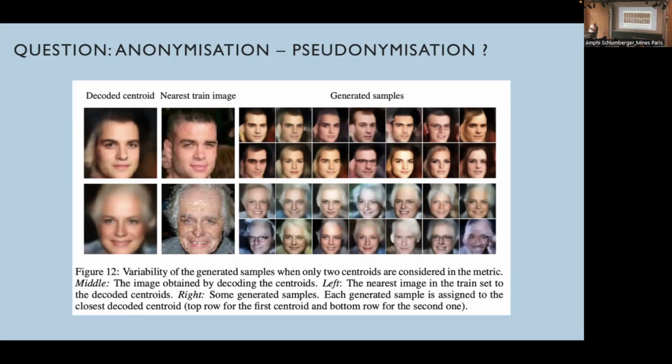So at the end of the day, you would say that the fake patient is closer to actually someone else. Okay, so these are the kind of things that we are trying to propose to the CNIL.